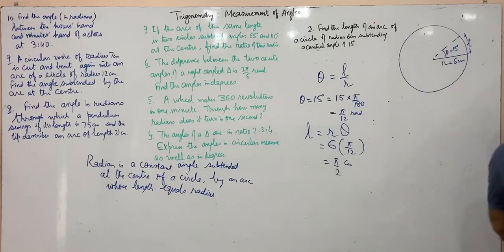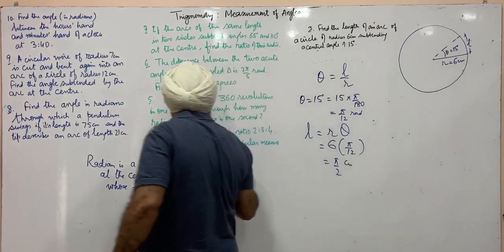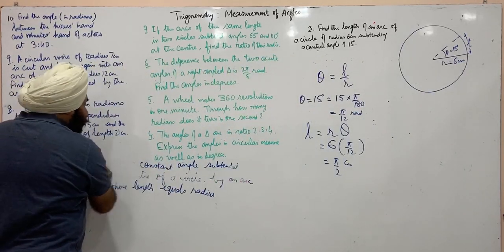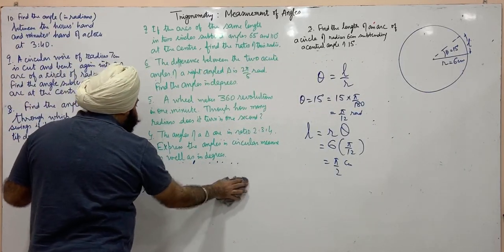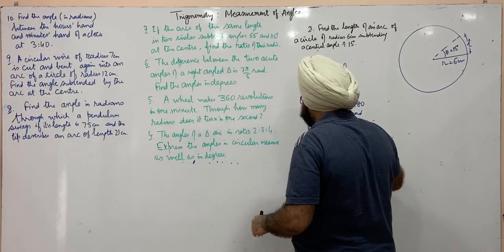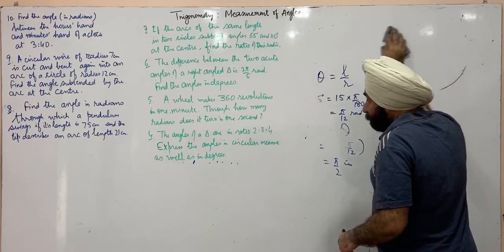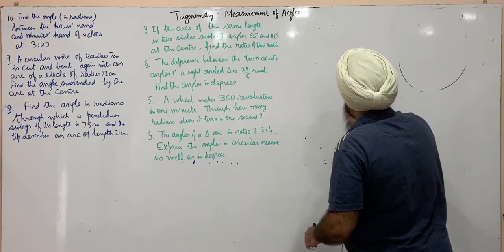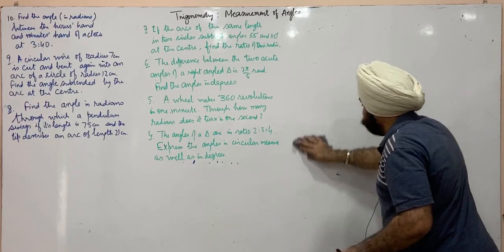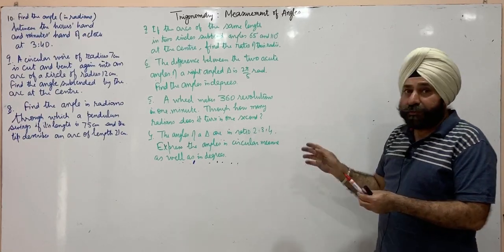Coming to the next one, we are given that the angles of a triangle are in the ratio 2:3:4, and we have to find the angles in circular measure, which is the radian measure, and also in degrees, the sexagesimal system. So let's first find the angles.